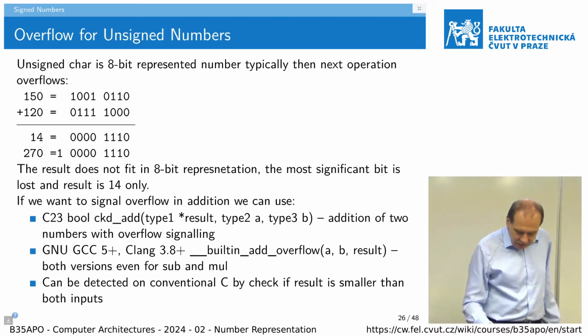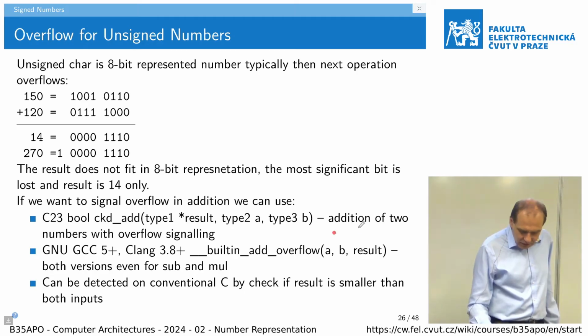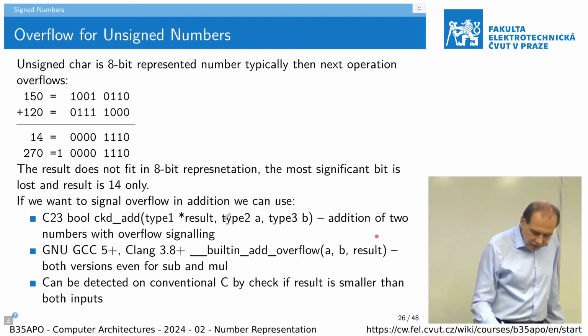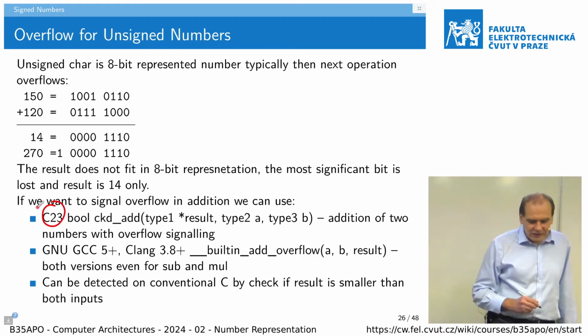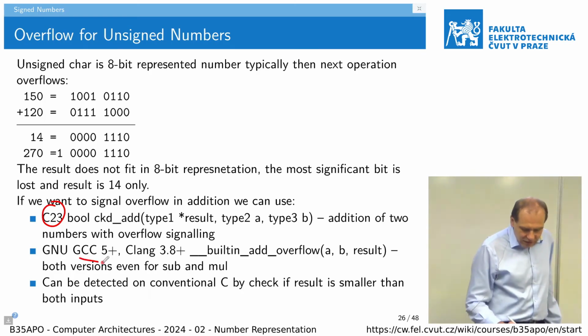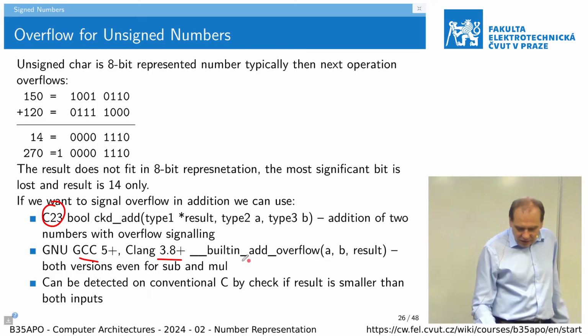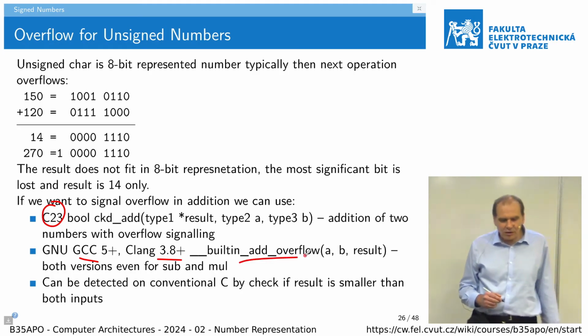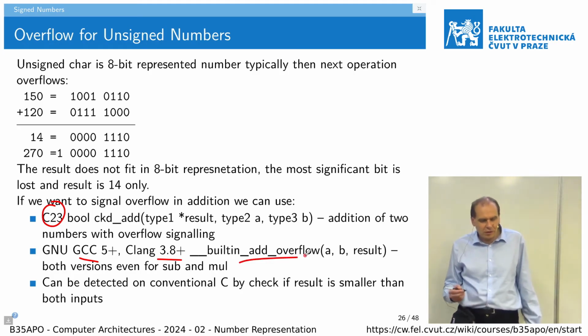And there is even similar for multiplication and subtraction. This has been added only in the C23 version. In the older ones, in GCC and Clang, there is a built-in addition with overflow checking.